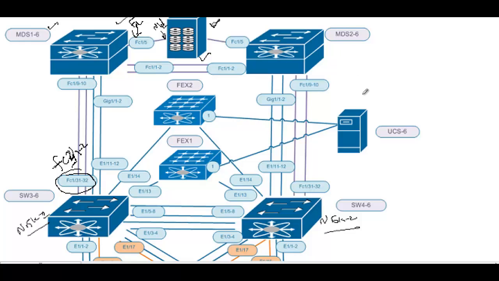Sorry, I'm saying opposite. All the FLOGI that you see here, you will see here in which database? Fiber channel name server database. So that will be distributed down here automatically. You don't need to do anything for that.